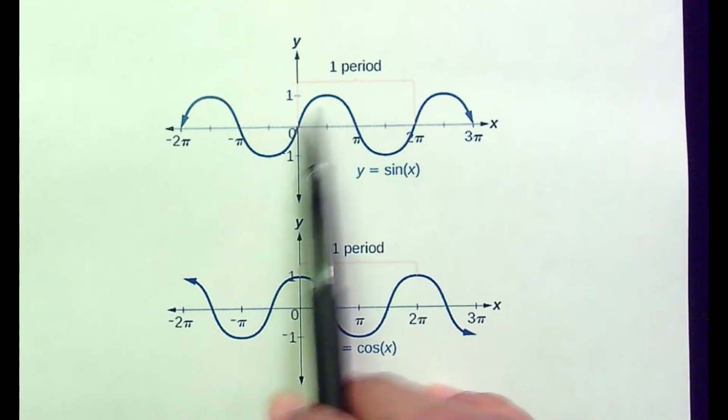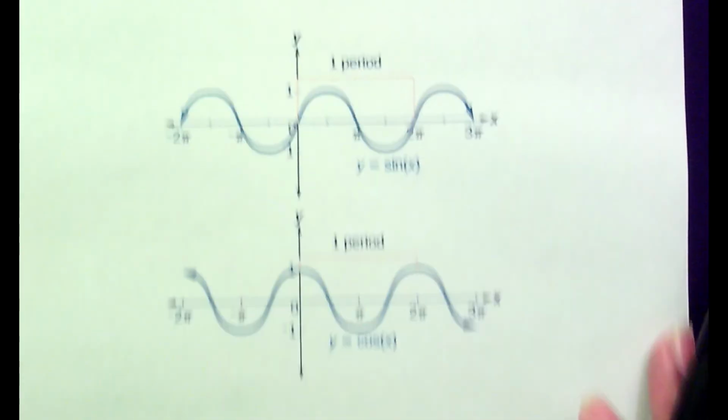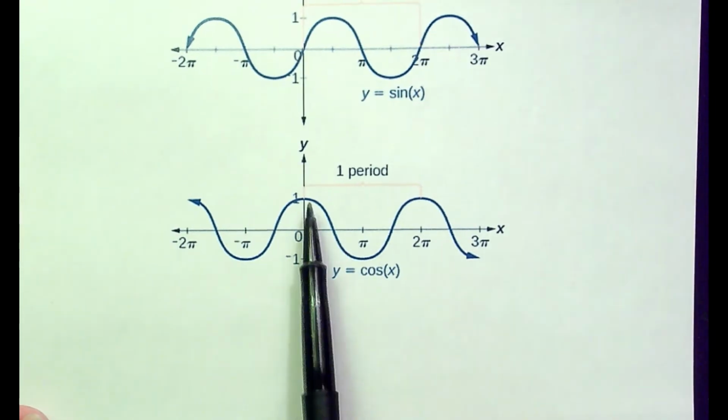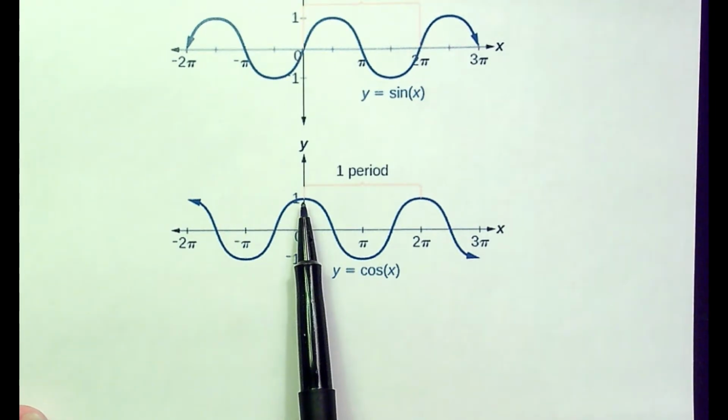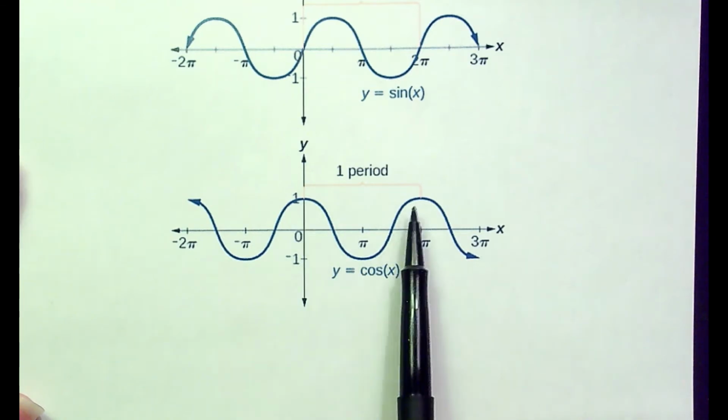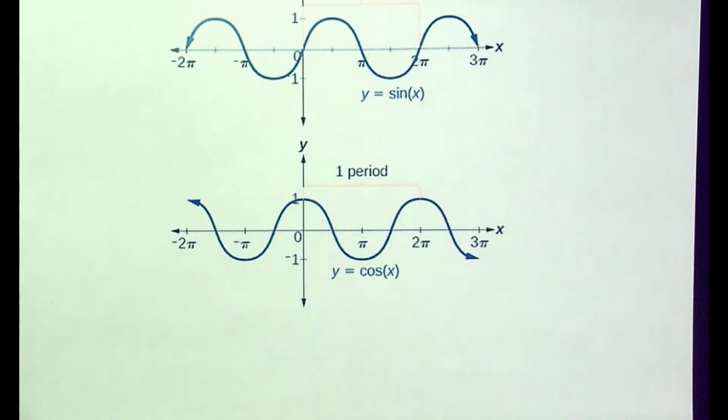Sine starts at 0, ends at 2 pi. This is the graph of cosine. One period starts at 1 for the y coordinate. Cosine of 0 is 1. And then it ends at 2 pi because the period is 2 pi, as we just said. And it repeats itself to the left and to the right.